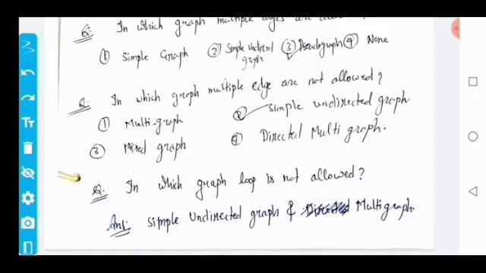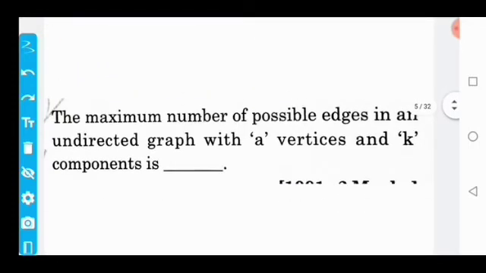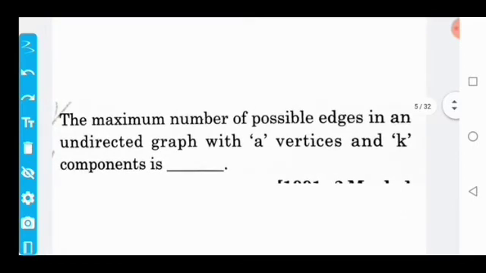Now come to the next question which was asked in GATE. The maximum number of possible edges in an undirected graph with a vertices and k components is? So come to the solution of this question.